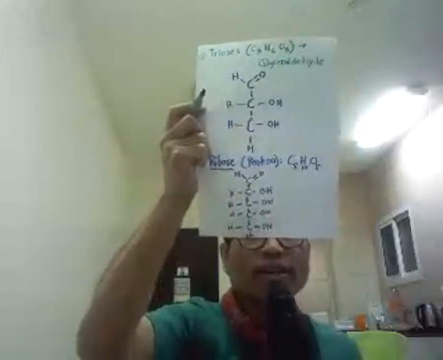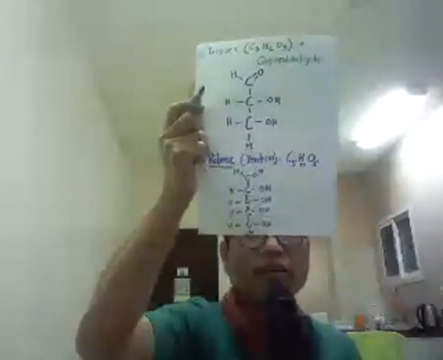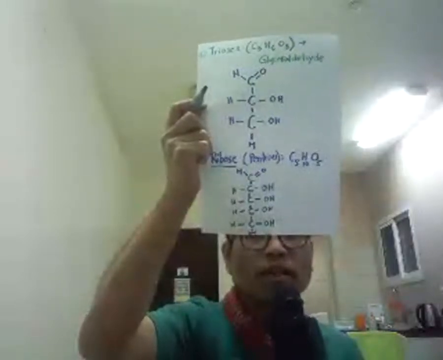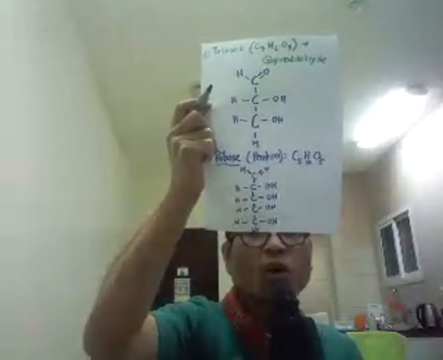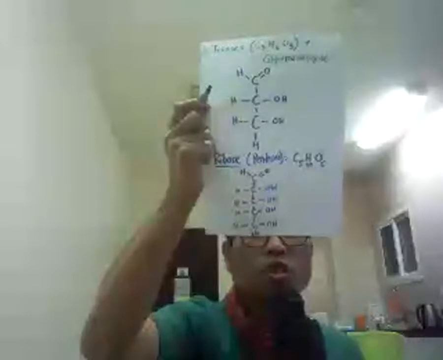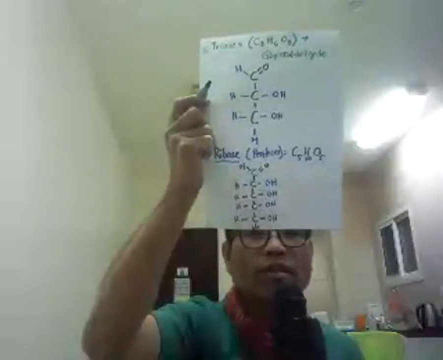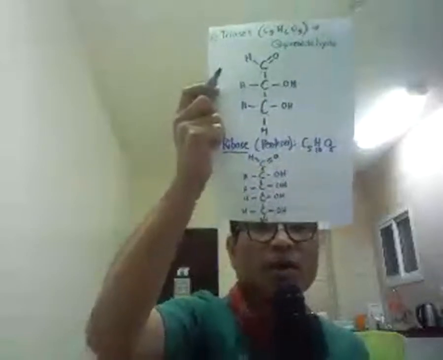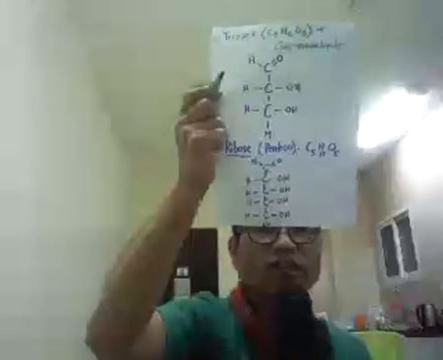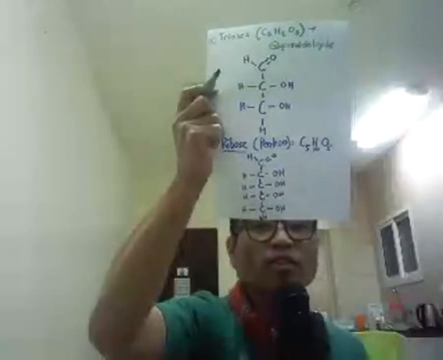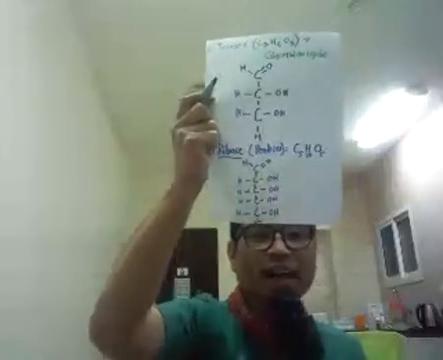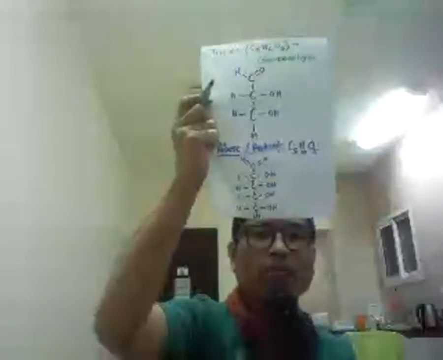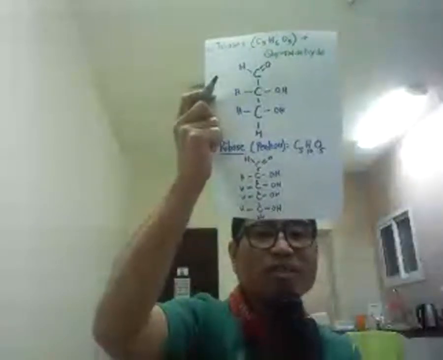Hydrogen: one at the top, one at the bottom, 1 to 10. Correct. Oxygen: at the top 1, then the hydroxyls, 2, 3, 4, 5. This is correct, so it matches as we count one by one the elemental components of this ribose.